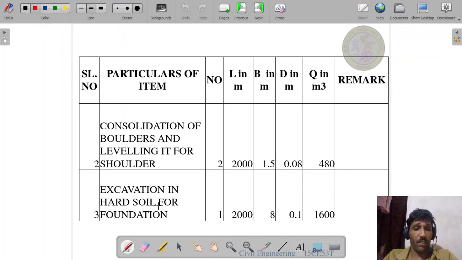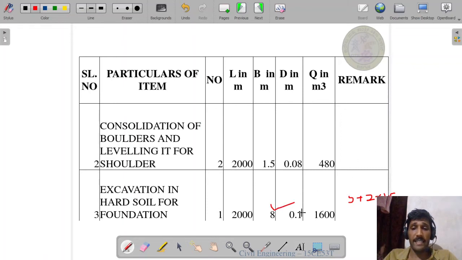Next, third item: excavation in hard soil for foundation. Here also one number, length is 2 kilometer, that means 2000 meter, and breadth is 8 meter. That means we have to excavate the whole breadth, which is the road width plus the two side shoulder widths: 5 plus 2 into 1.5, therefore it is 8 meter.